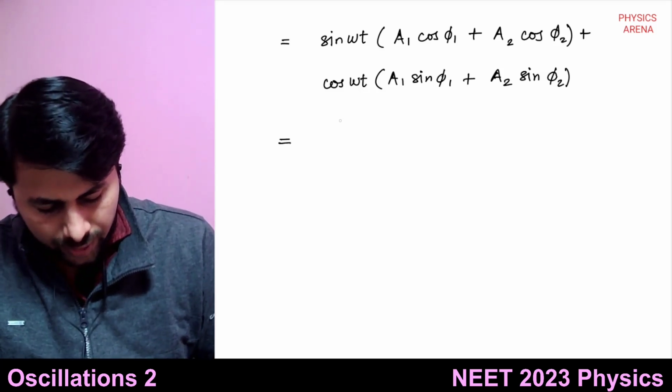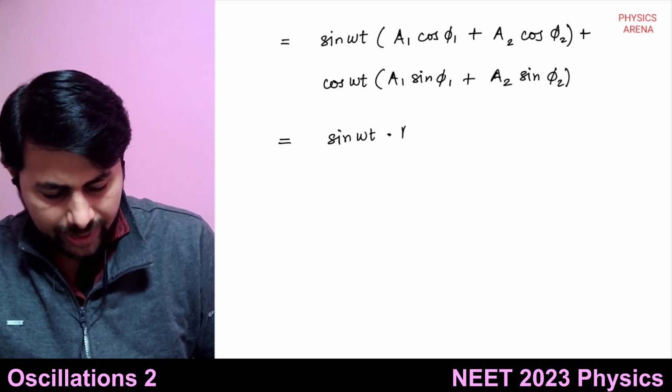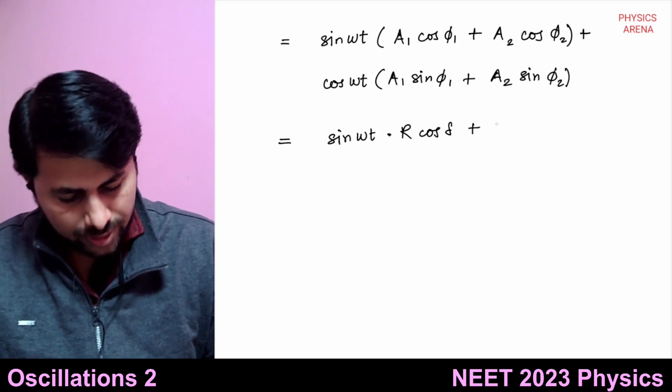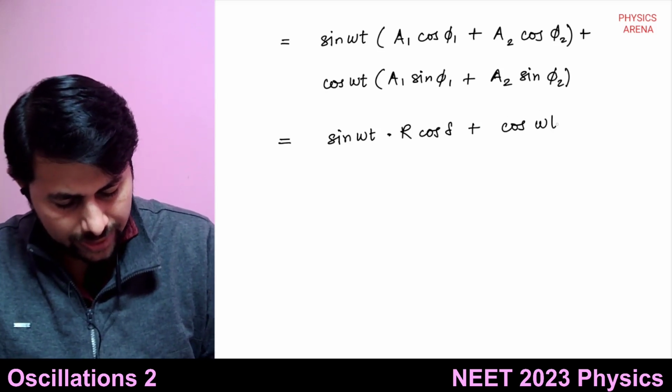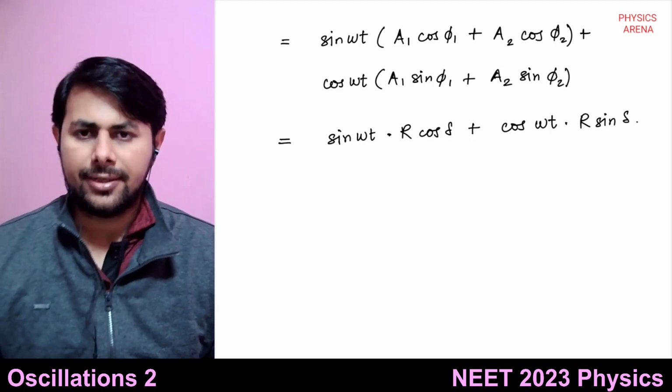So what do we get? We get sine of omega t multiplied by r cos delta plus cos of omega t multiplied by r sine delta.